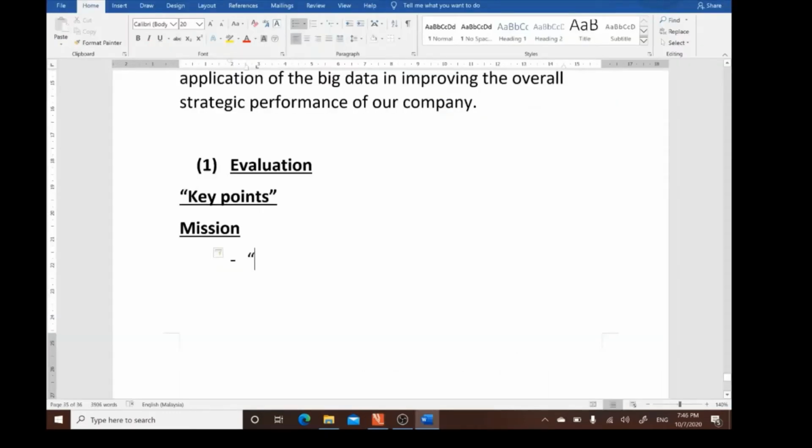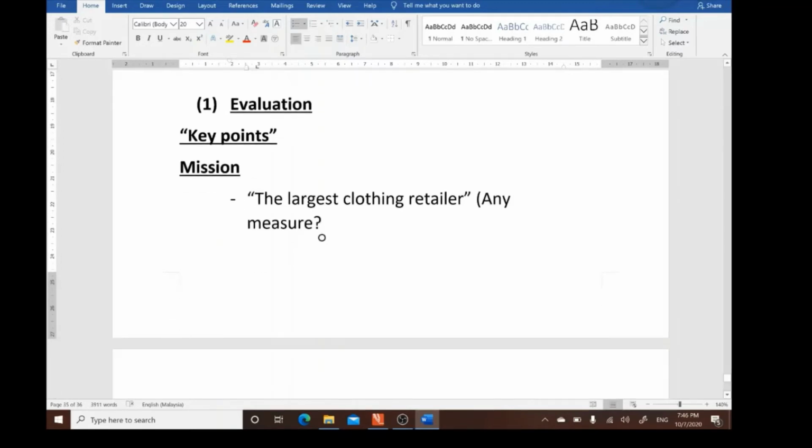Can you see that? So they are looking at being the largest clothing retailer. Therefore, you're going to ask yourself, is there any measure for this? That is a very important question. So any measure where? The measure in the report is in Appendix number 1.